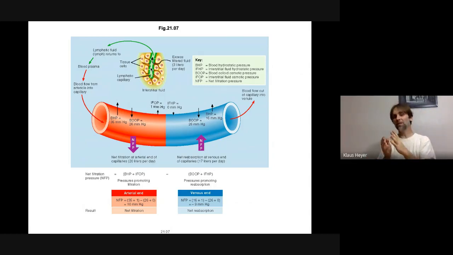So fluid's leaving the capillaries in a greater amount than it's going back into the capillaries, and therefore you end up with too much fluid in the interstitial fluid. If you're not going to put that back into the blood vessel, you have to have some way to get rid of it. Otherwise you're going to swell. That's where the lymphatic system comes in. This is showing you a capillary, and all of these are like cells, and the water goes back in. We'll talk about that in the next lecture.